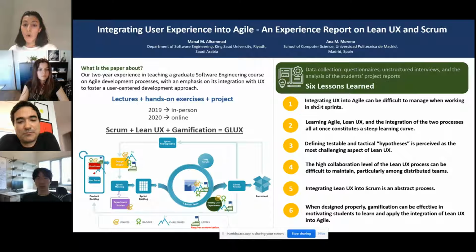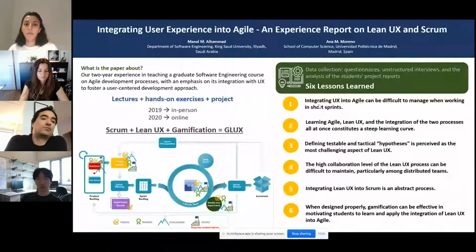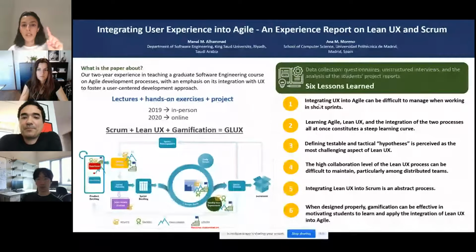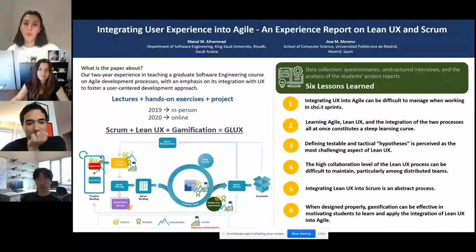What made this more challenging is that the team of students are designers and developers together. They're not separate teams with UX practitioners and software engineers. It's only one team that does everything together, collaboratively throughout the whole process.